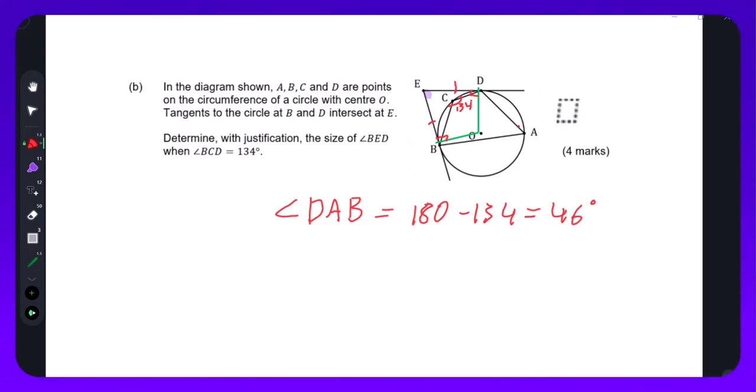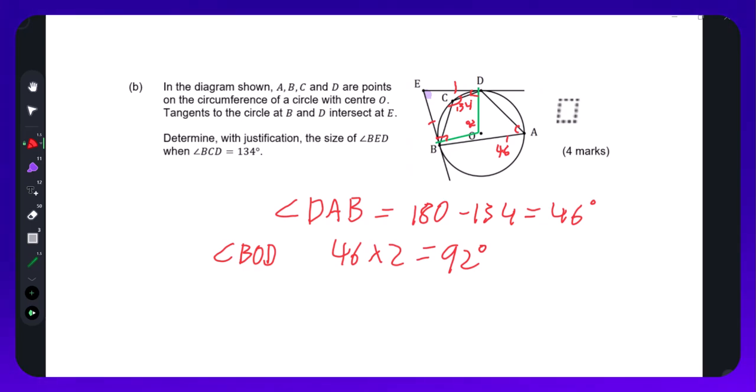So this one that we calculated before is 46. Therefore, this one is going to be 46 times 2, which equals 92 degrees, and that is angle BOD. That's for an angle at the center being double that at the circumference.